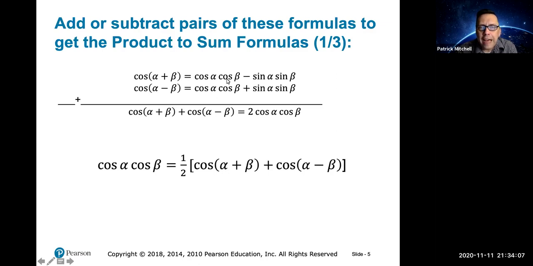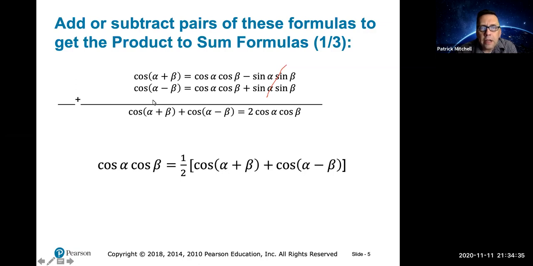So if I just add these two formulas together, on the left-hand side, I'm going to get cosine of alpha plus beta plus cosine of alpha minus beta equals, these two terms here, let me get my pen, are going to cancel out because I'm adding them together. And so that's going to give me 2 times cosine alpha cosine beta.